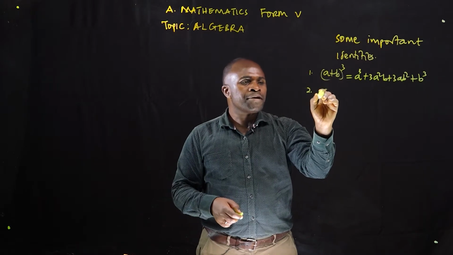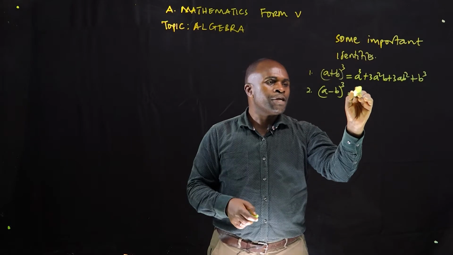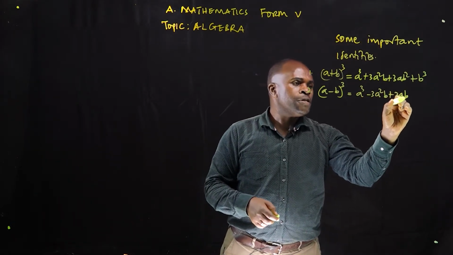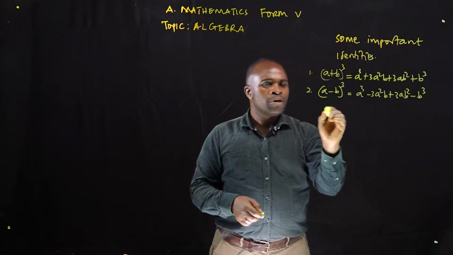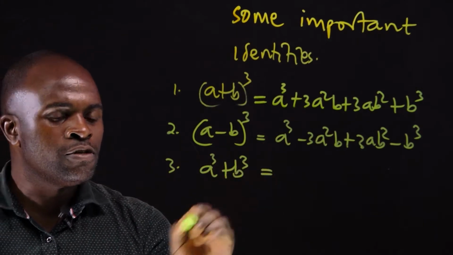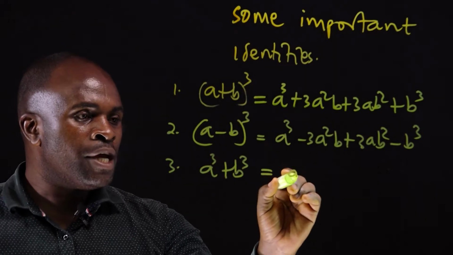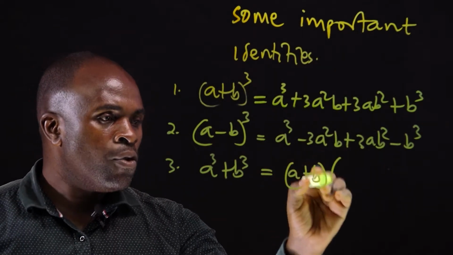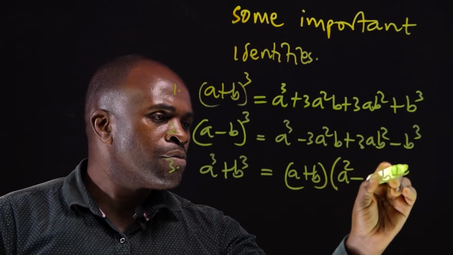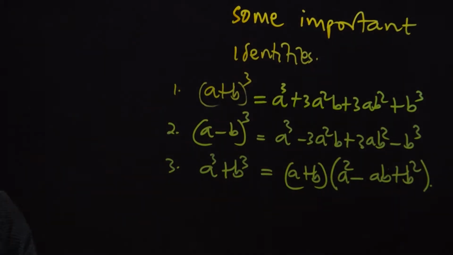And when you take a minus b power cube, this is a cube minus 3a square b plus 3ab square minus b cube. And when you take a cube plus b cube, this one is going to give a plus b, open brackets, a square minus ab plus b square.